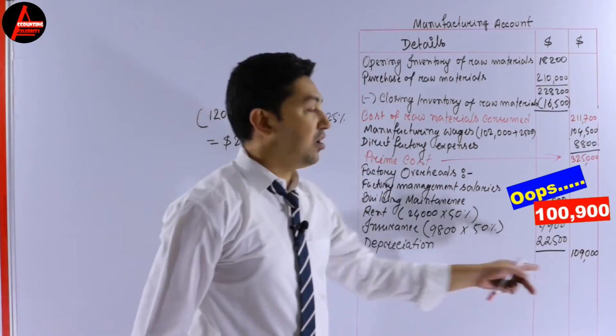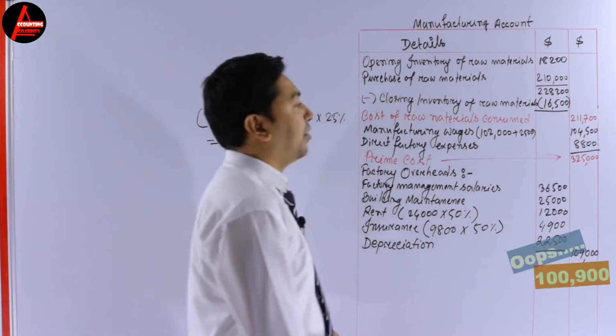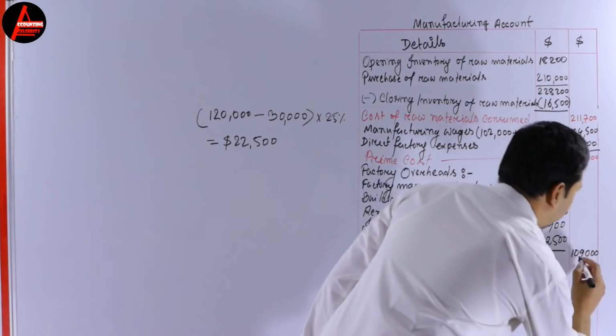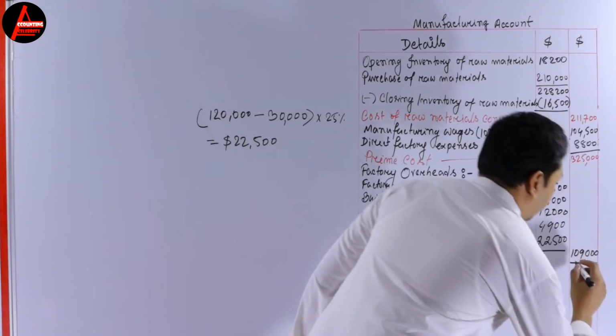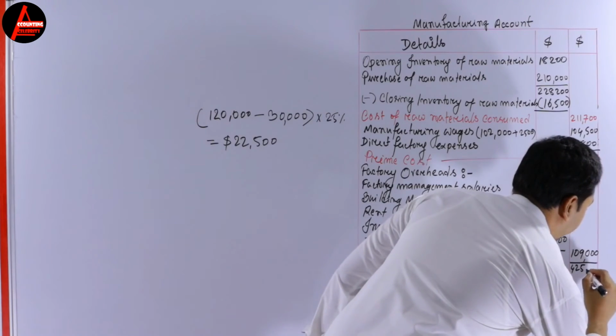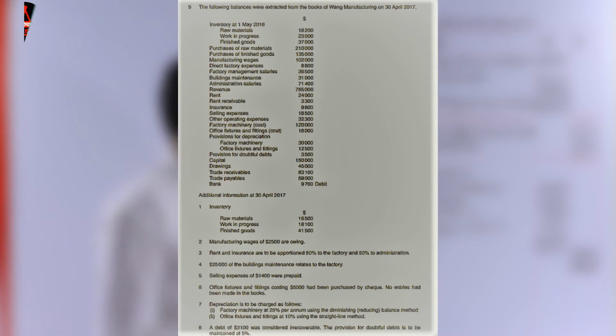This is the value of our factory overheads. Now we have to add this value to the prime cost. If we add, it is $425,900.